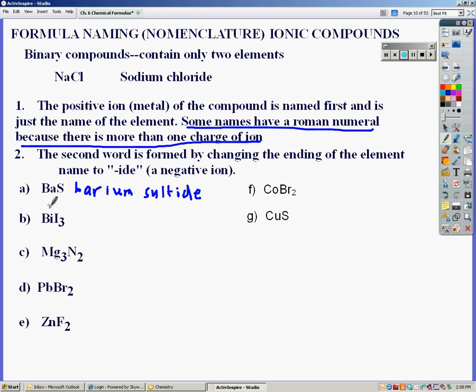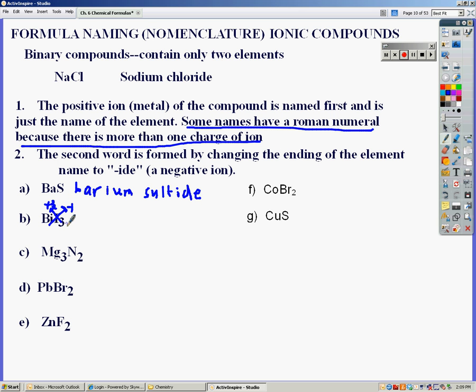So that 3 came from here. So plus 3. And there's a 1 here, and if we do backwards crisscross, then that was a -1 originally here. Okay, so I can tell from that this bismuth is bismuth 3, Roman numeral 3.